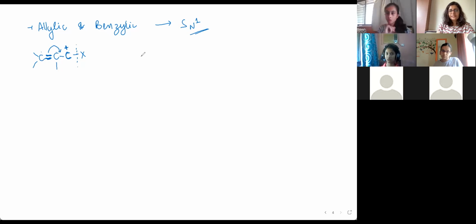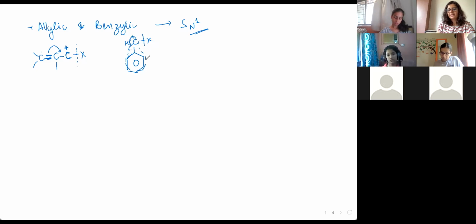Okay, the same is the case with benzylic. Benzylic is not directly attached to benzene. It is the carbon which is attached to benzene. So this particular situation is benzylic. This is a benzylic halide. Same reason here also. When this bond breaks and this carbocation is formed, there are a lot of electrons here and an empty p orbital here, so it gets included in the resonance.